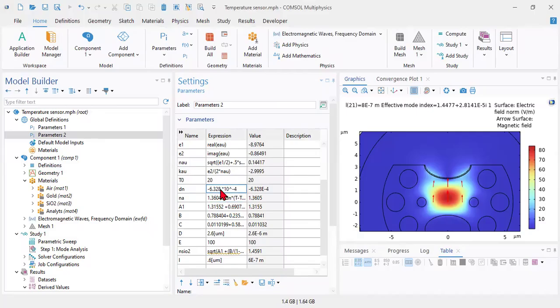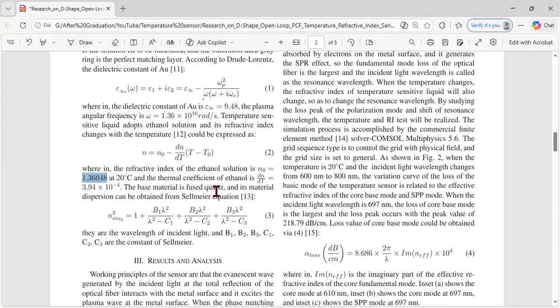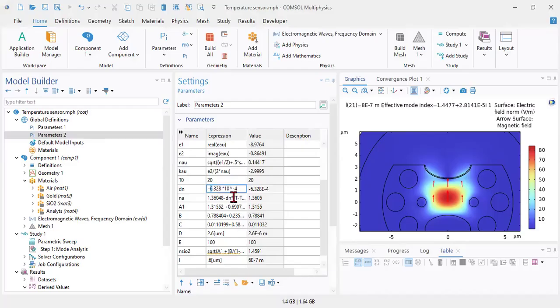D naught and dn, it's not negative. It's 3.94 into 10 power minus 4.